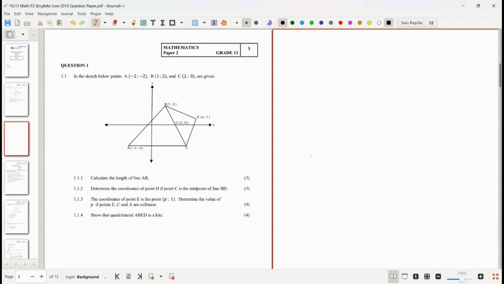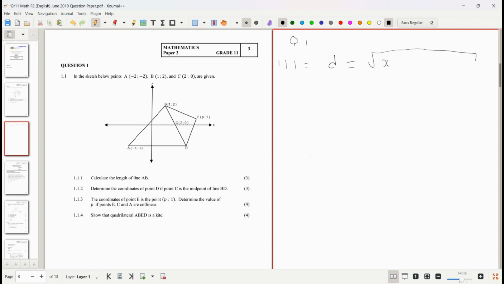Okay, so let me put it here. Question 1, 1.1.1. So we have to use a distance formula. You need to remember the distance formula. Sometimes they can give you this formula, sometimes they expect you to know this formula by heart.